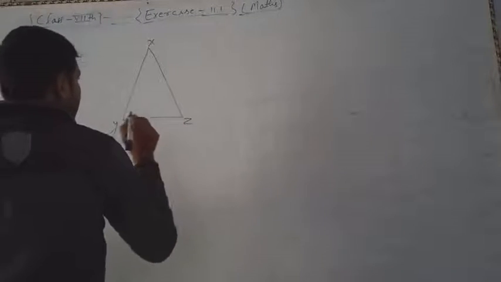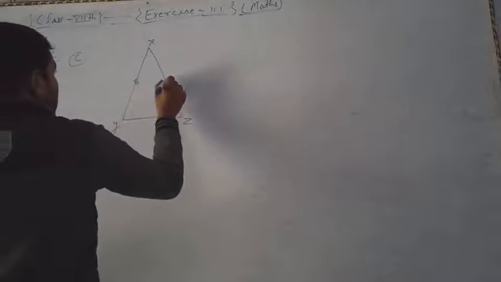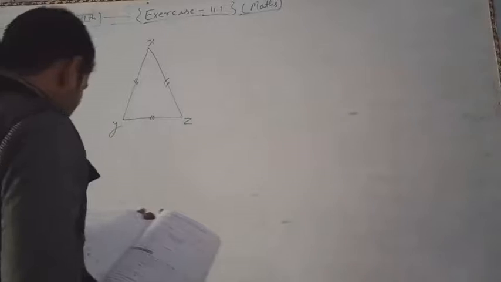Again, next is part C. In part C you are given triangle XYZ, in which XY is equal to YZ is equal to XZ. In triangle XYZ, this is X, this is Y, and this is Z, and XY is equal to XZ is equal to YZ.